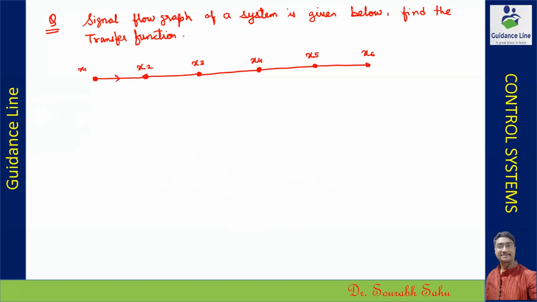The gains mentioned over here are A, B, C, D, E, F, and G. We know very well that this is the input node and this is the output node. So the transfer function is nothing but x6 by x1. We have to find the expression corresponding to x6 by x1. Okay, so solution.